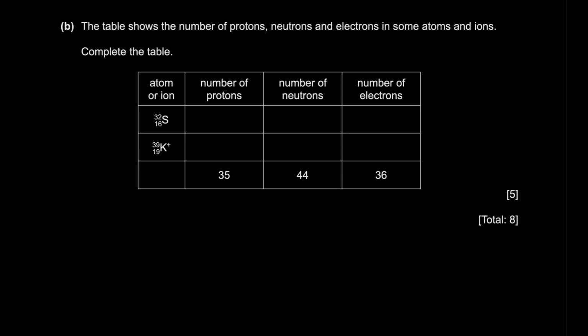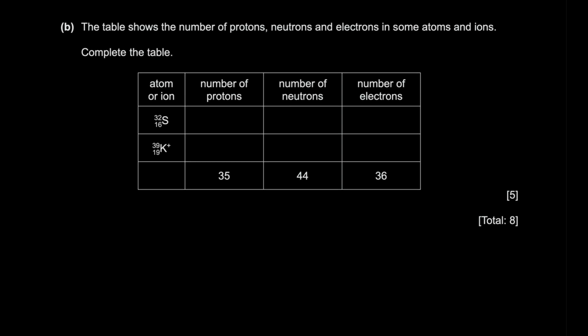With that said, let's move on. The table shows the number of protons, neutrons, and electrons. This is pretty easy. Number of protons is 16, 19. Number of neutrons is 16.